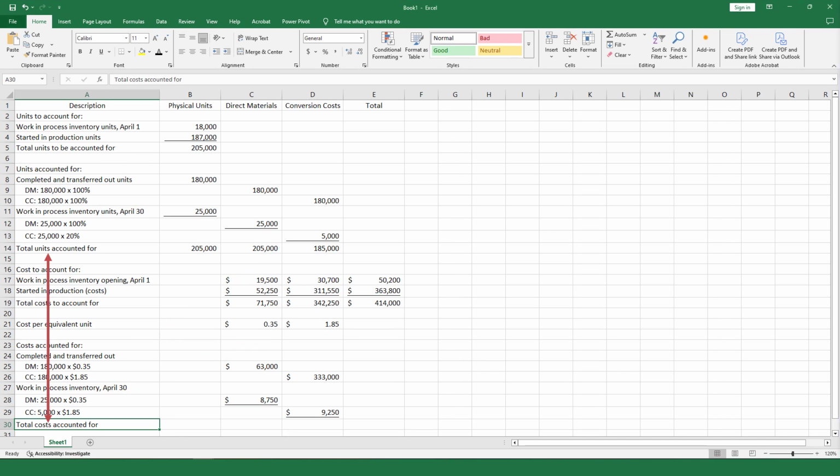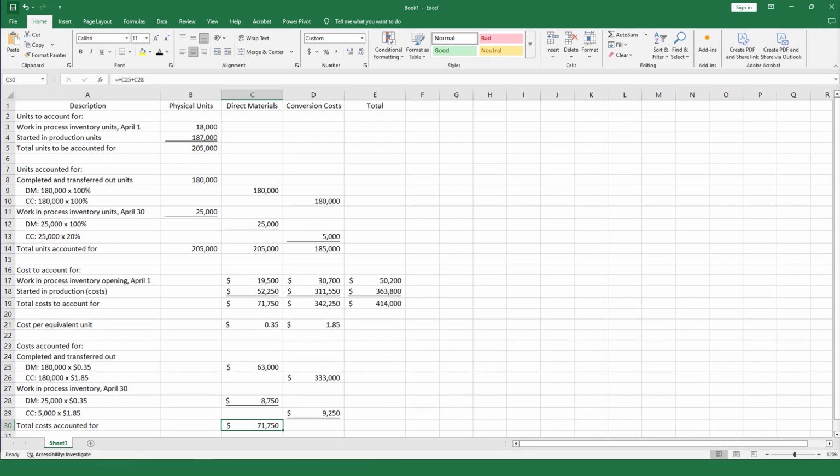We now determine the total costs accounted for, similar to when we determined the total units accounted for. For column C, direct materials, $63,000 plus $8,750 is equal to $71,750. Notice something important? This is identical to the total cost to account for.